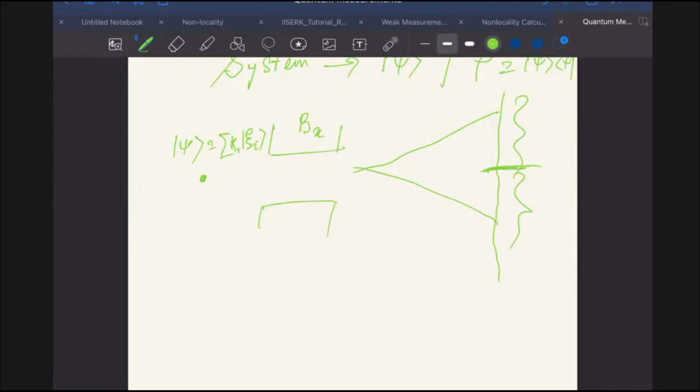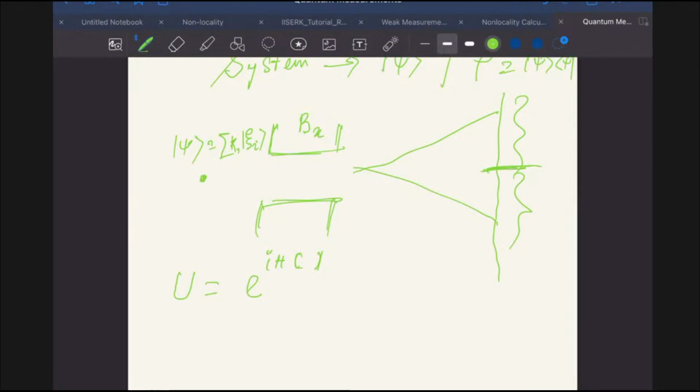So it will be evolved. Say that the evolution is U, represented by something like e to the minus iH and something that I am not writing right now. Now consider this electron to consist of two components.